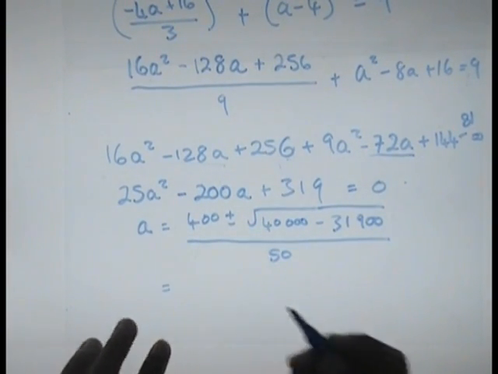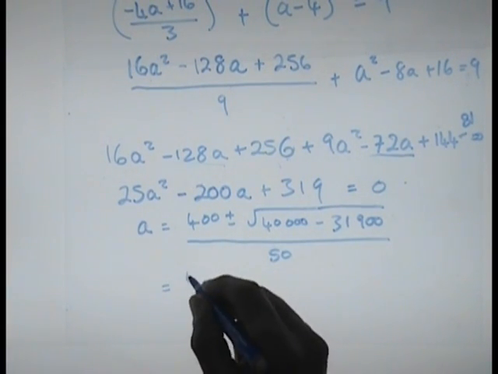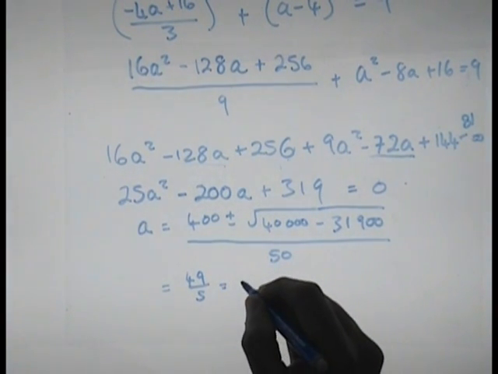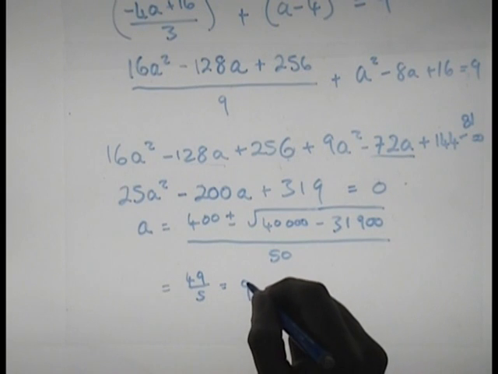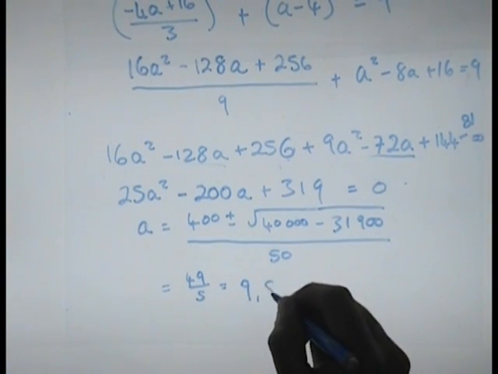If I punch this into a calculator, first I'm going to work with the positive, so it's going to be 400 plus the square root of 40,000 minus 31,900, all of that over 50, and that's going to give me an answer of 49 over 5, which can be simplified to 9.8.